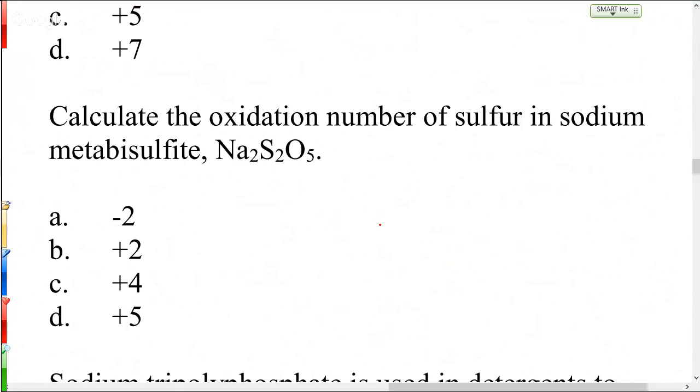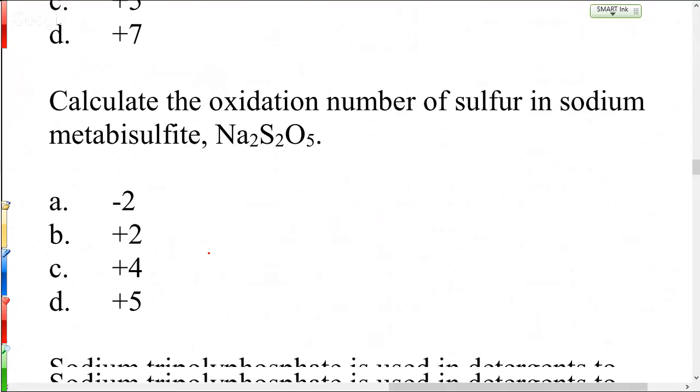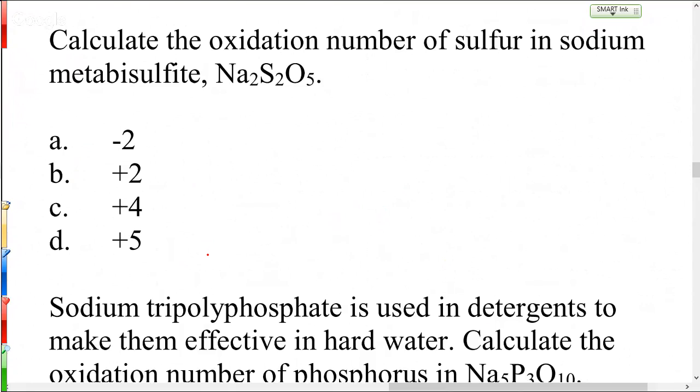So we would calculate the oxygen next, which is -2. We assume it's -2, so that's -10 total. And then take away those 2 from the sodiums, which means the sulfur has to be responsible for +8. There are 2 sulfurs, so each one's +4. There's your +8. So that's going to be +4.